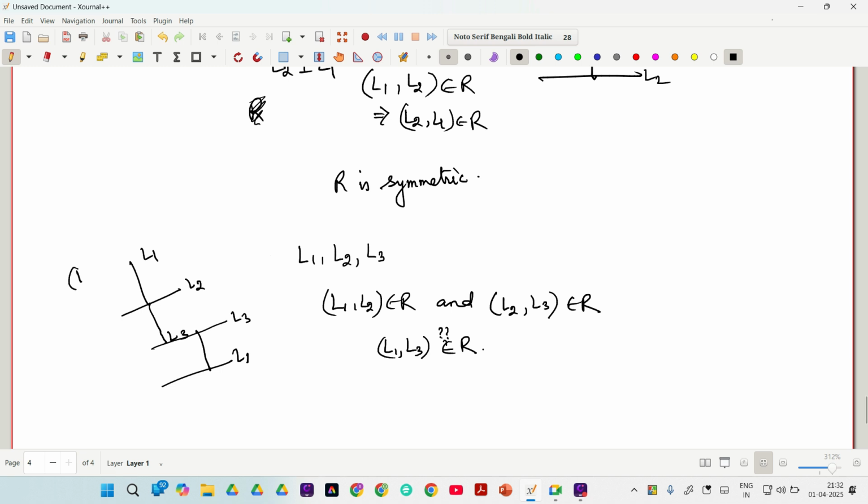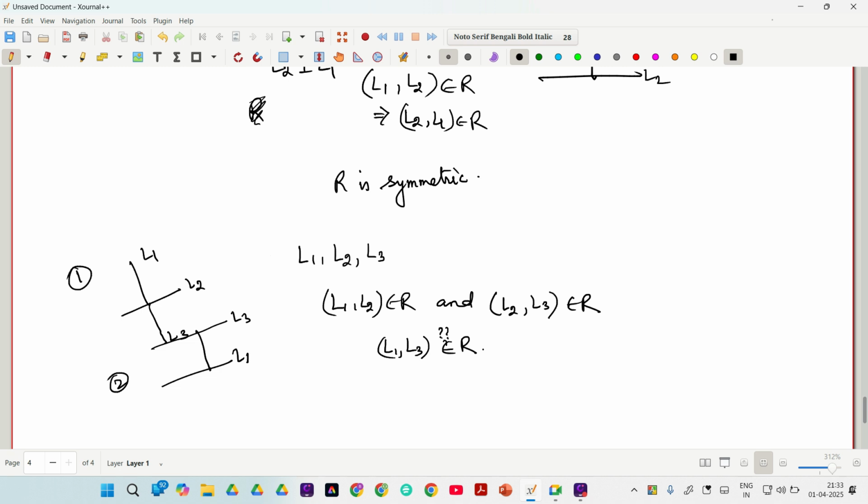This is the second scenario. See that L1 is perpendicular to L2 and L2 is perpendicular to L3, I mean both L1, L2 belong to R and L2, L3 belong to R, but L1 and L3 are parallel.